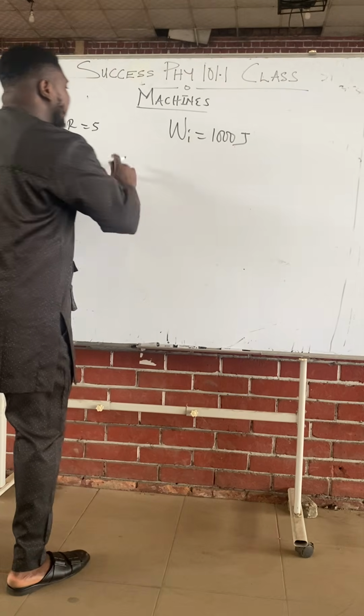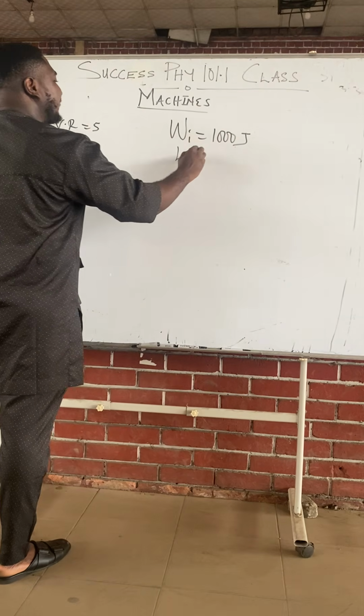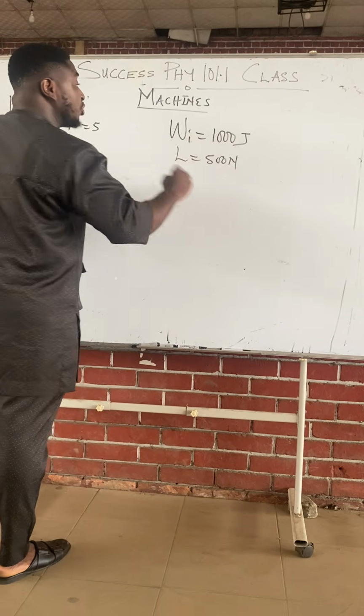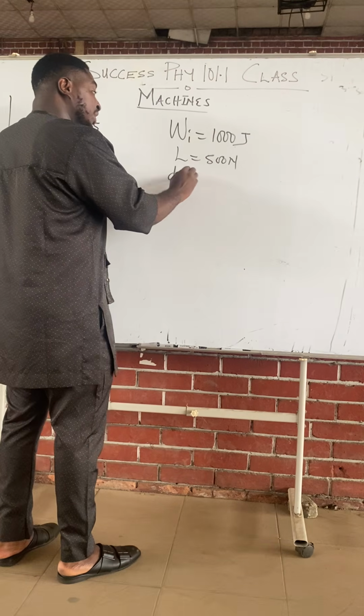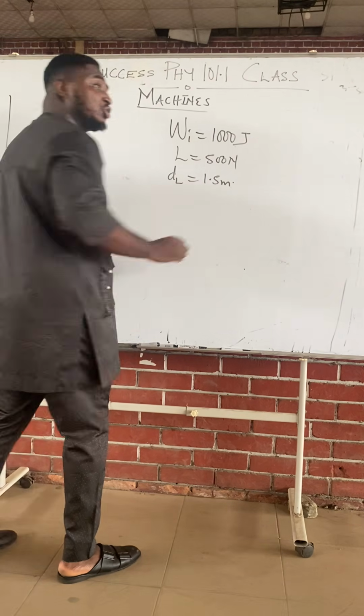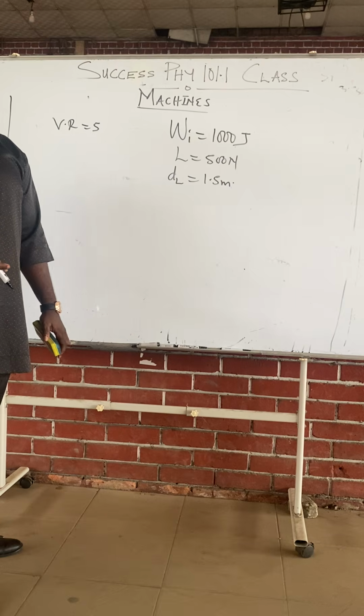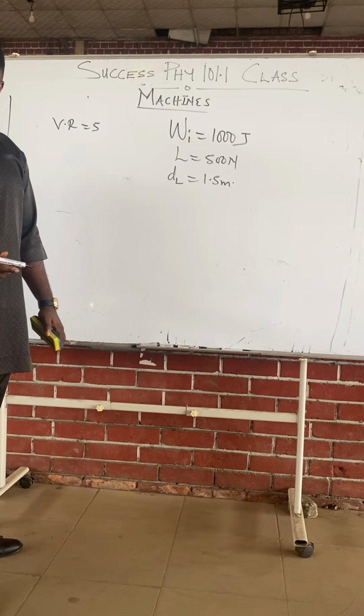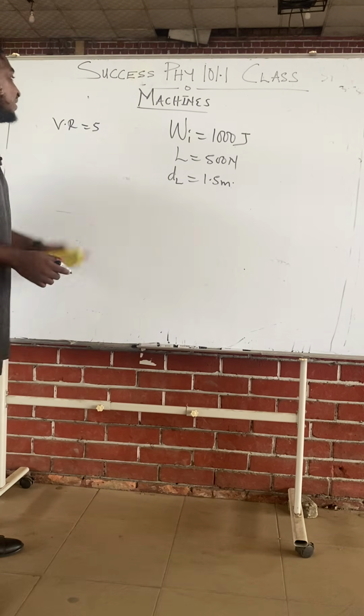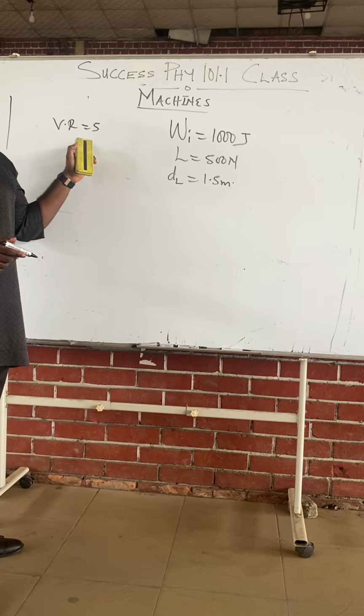To raise the load of what? Load is 500 Newton, yes. Through a vertical height, the distance moved by the load is 1.5. Find the efficiency. Class, this velocity ratio is a distractor. You don't use it for anything.